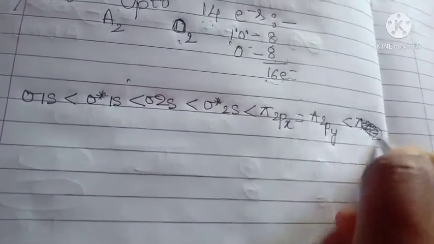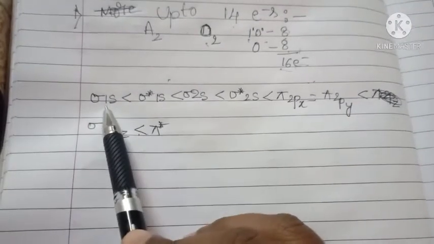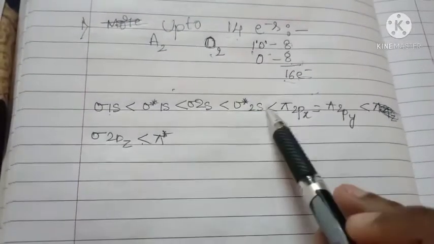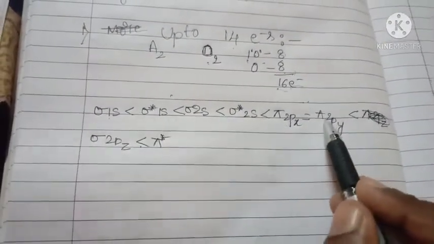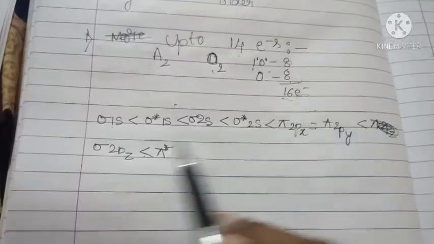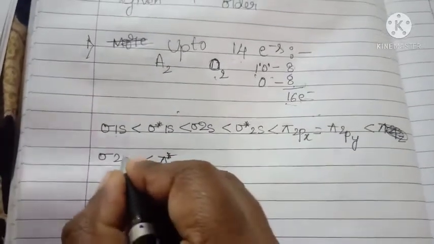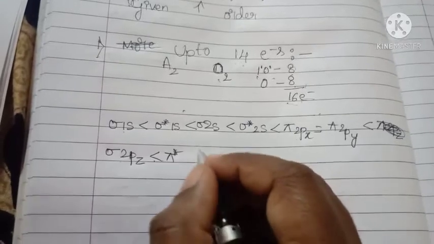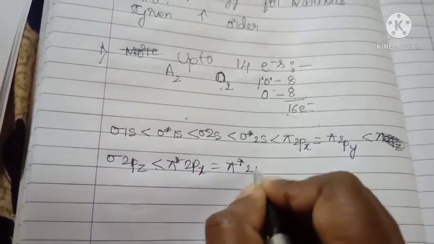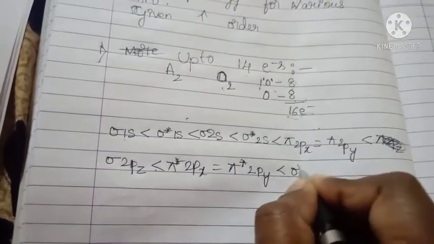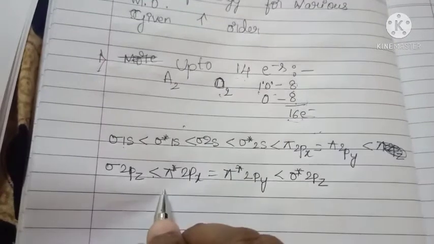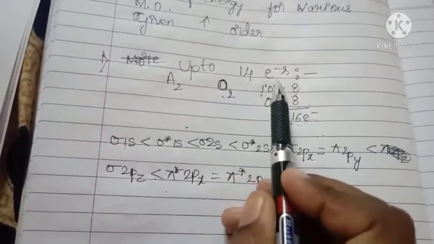Sorry, this is not a pi, it is sigma 2pz. The electronic configuration is sigma 1s, sigma star 1s, sigma 2s, sigma star 2s, pi 2px equals pi 2py, which means these are at the same energy level, then less than sigma 2pz, less than pi star 2px equals pi star 2py, less than sigma star 2pz. This is the electronic configuration for up to 14 electrons.